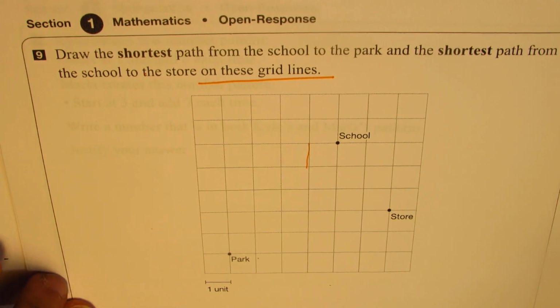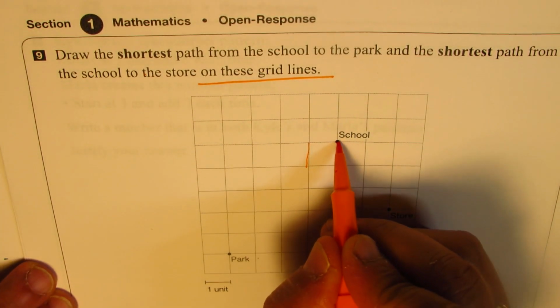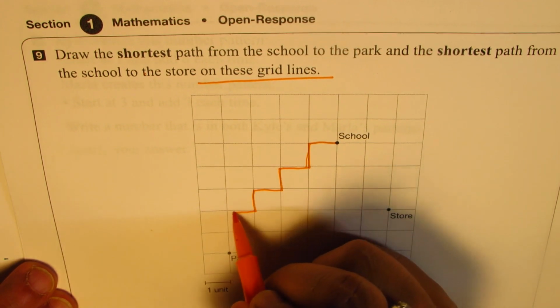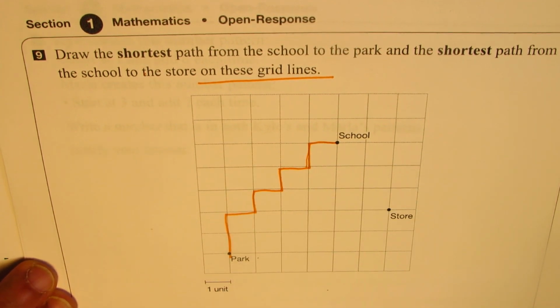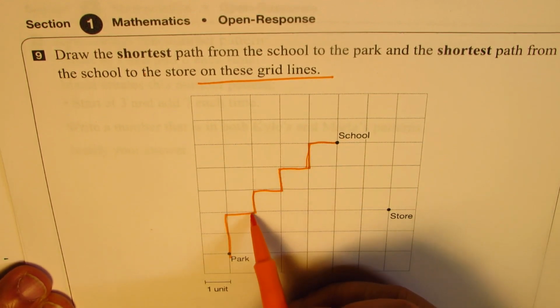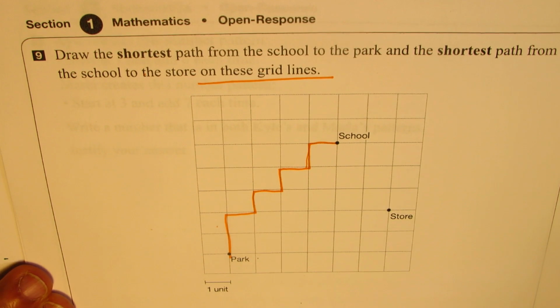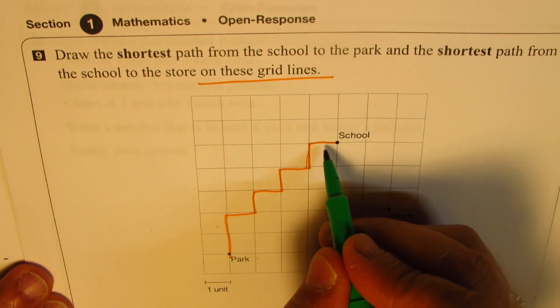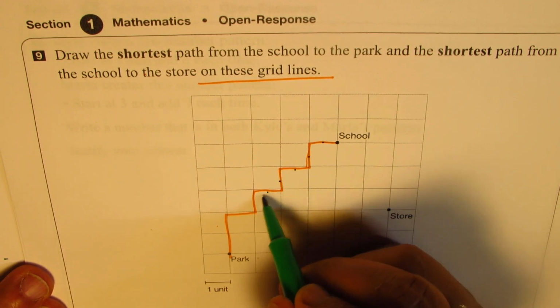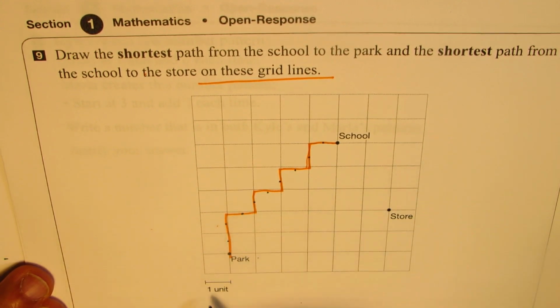So since we have to go on the grid lines, we could go like this, right? So there are many paths, correct, which could go. Now you will notice that every path which you draw actually takes how many units? It is basically 1, 2, 3, 4, 5, 6, 7, 8 and 1, 9.